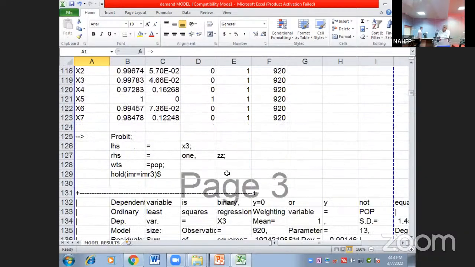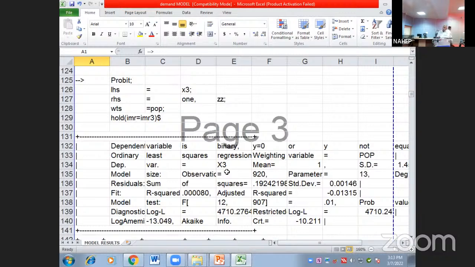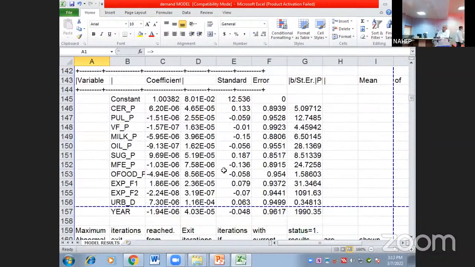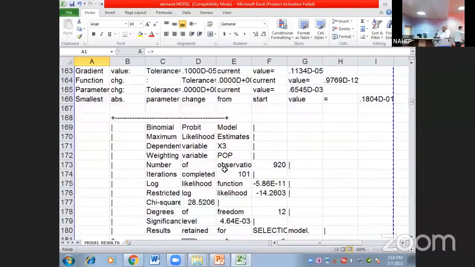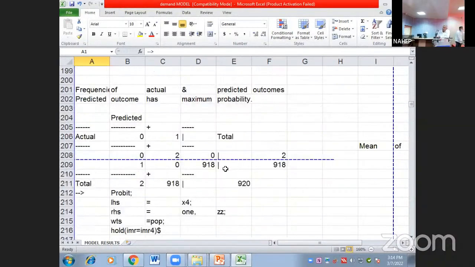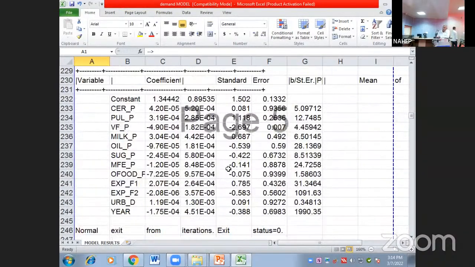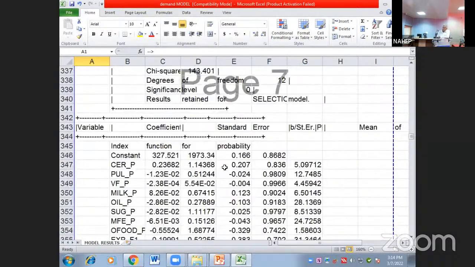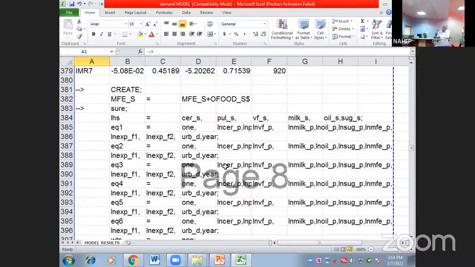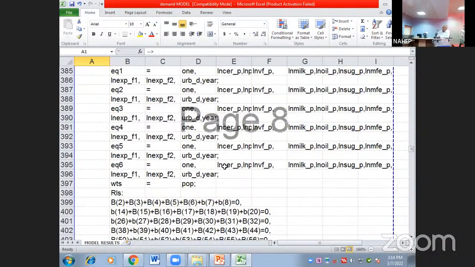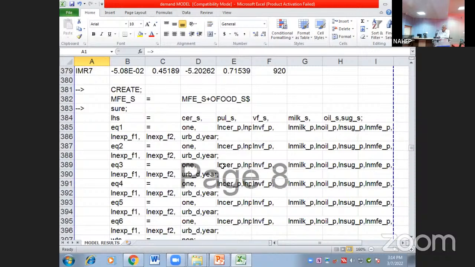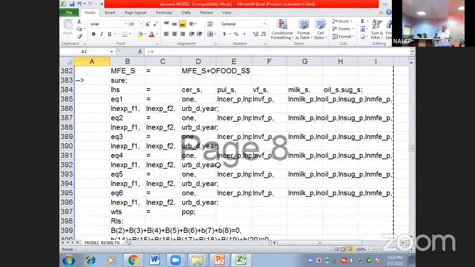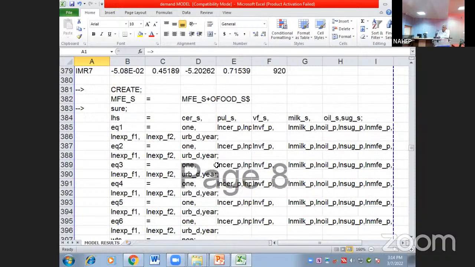The most important part is its model. After doing this, we do the probit analysis, and the IMR will be worked out. This is the model.